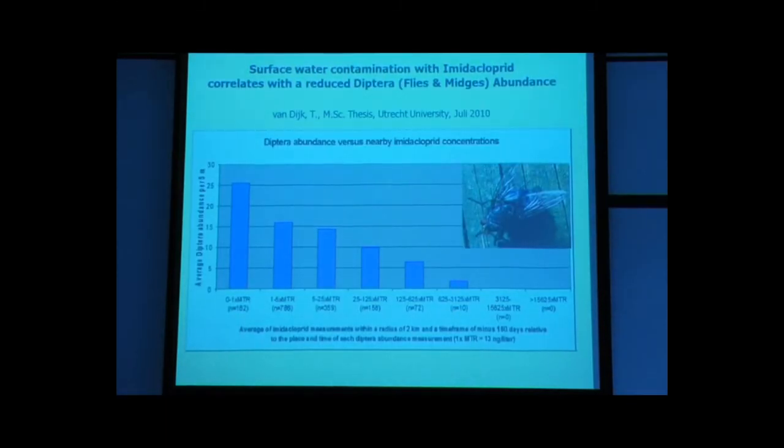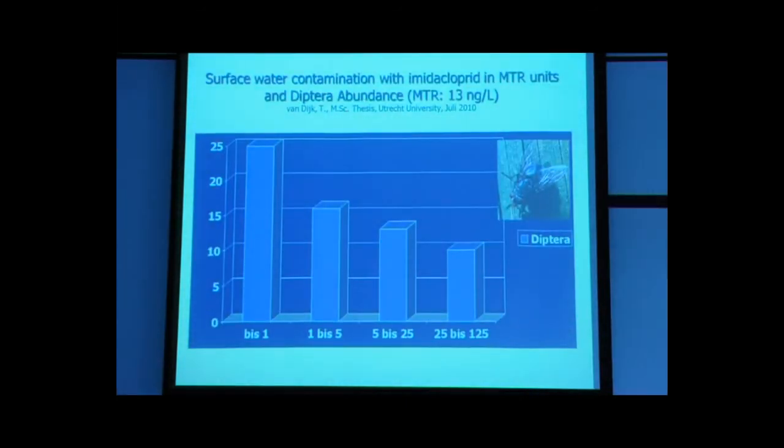Now, this surface water contamination with imidacloprid correlates with a reduced Diptera abundance. So a reduced abundance of flies and midges. And I've shown this again here in MTR units. So units of the limit, the maximum tolerated risk limit.